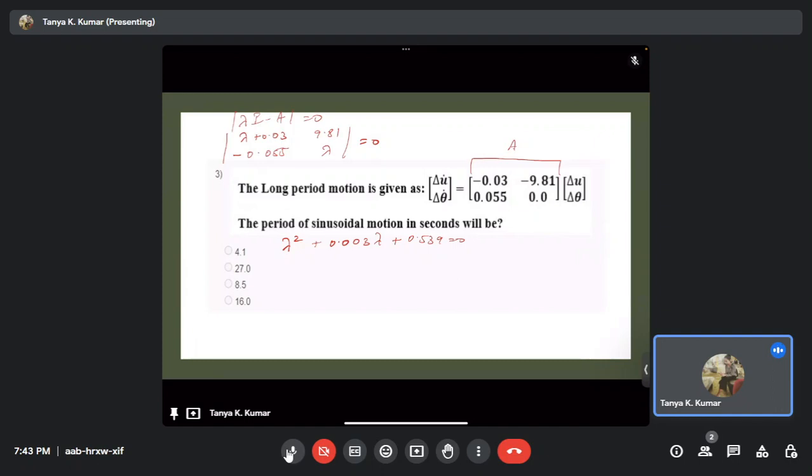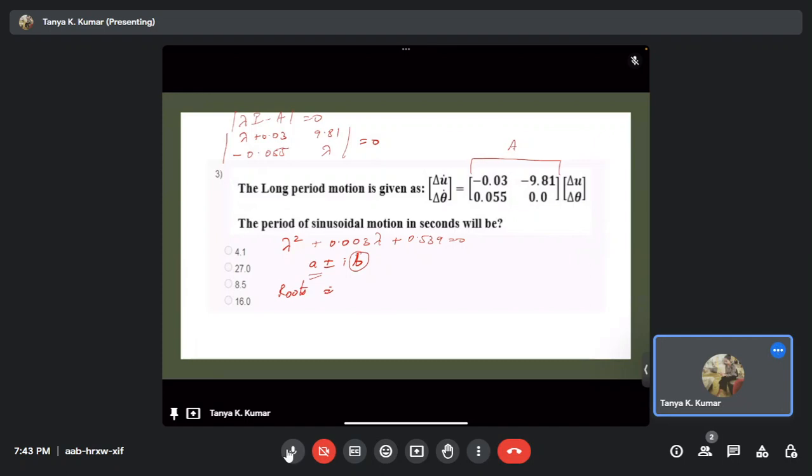Now when you find out the roots of this equation, they will be in the form of A plus or minus iB, right? And this B will be the frequency of oscillation, correct? A is the amplitude part and B the frequency, correct? So you find out this frequency, find out B. What are the roots of this equation? What is this A plus iB?